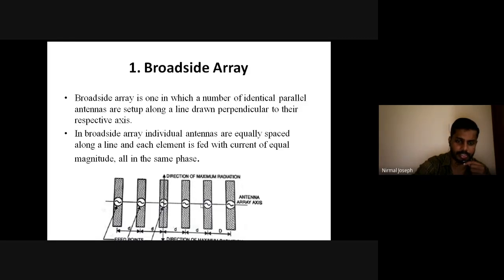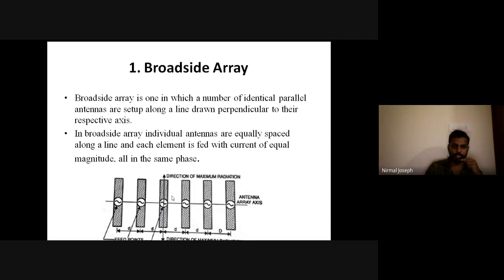Perpendicular to the antenna array axis means it can radiate in this direction or in this direction. Both these directions are perpendicular. So the radiation pattern is bidirectional, because the only requirement is that the direction of maximum radiation should be perpendicular to the antenna array axis, and that can be possible in two ways.